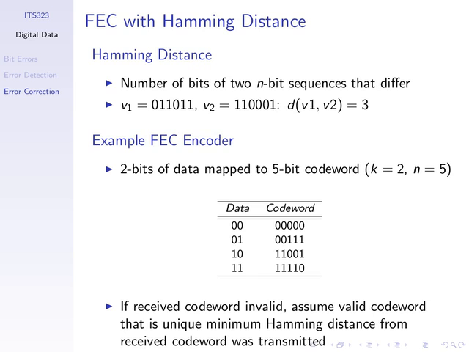If we increase the length of the code word, we have more opportunities to have a larger distance between the valid code words. If our table was something different, if we have a 10-bit code word, 2 bits of data, 10-bit code word, we can do this.